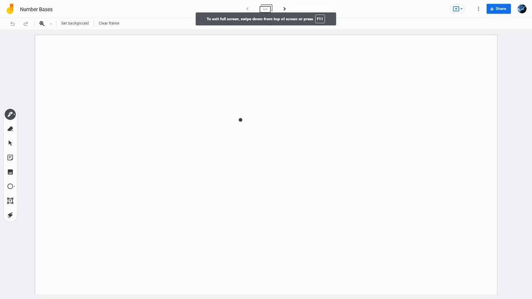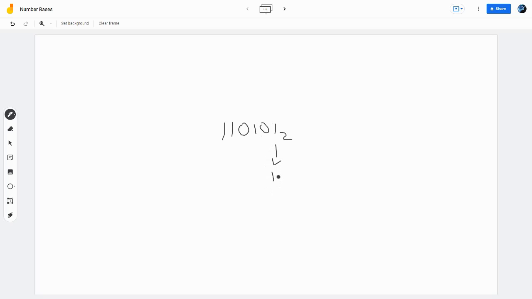So we have the number 110101. I think this should be fairly simple. So first you have 1 times 2 to the 0. And then we have 0 here, so we don't really care about that. And then next we have 0 times 2 to the first. And then we're going to add 1 times 2 to the second, and then plus 0 times 2 to the third.